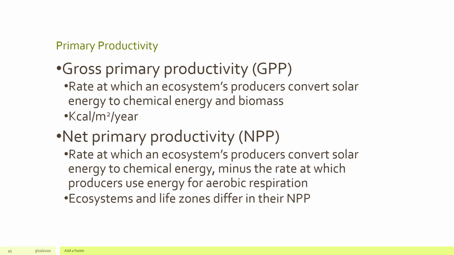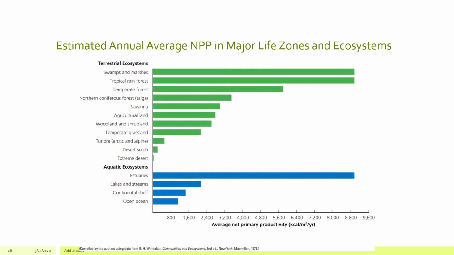Now, when we talk about different ecosystems and different life zones like biomes, that is going to be what's going to change on the net primary productivity. So in this example here, this is the estimated annual average net primary productivity in different life zones and ecosystems. So you can see here the different life zones or biomes gives us a good idea of how much productivity exists, so how much energy is being created in those producers.